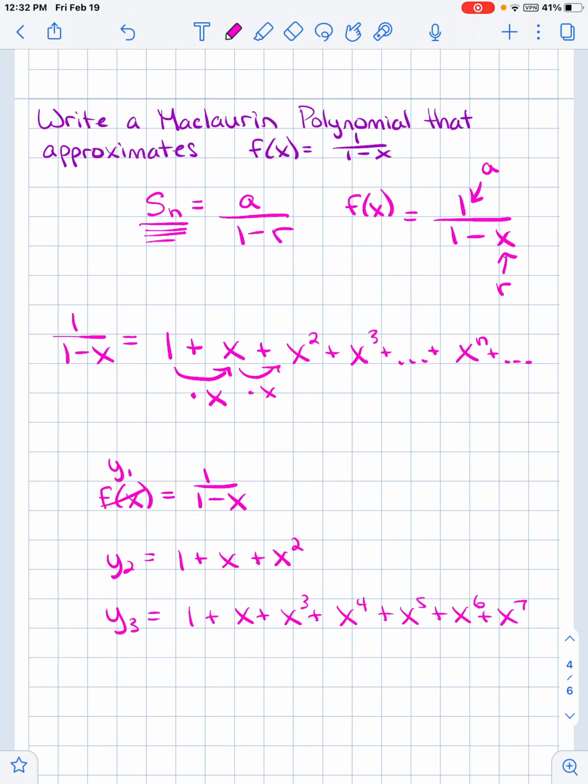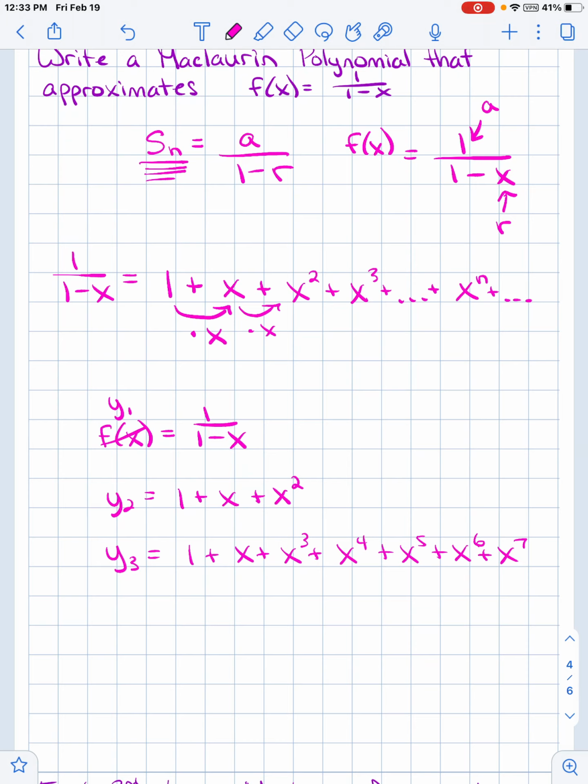I hope you're graphing it. What we can see for these polynomials is that no matter how many terms we have, it's only a good fit for values close to 0, because this Maclaurin polynomial is centered about 0.